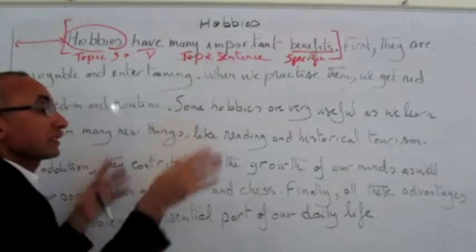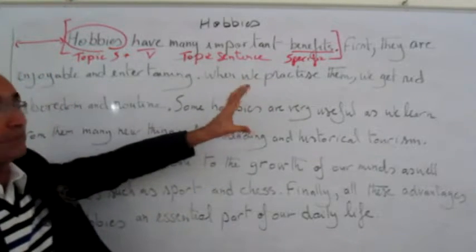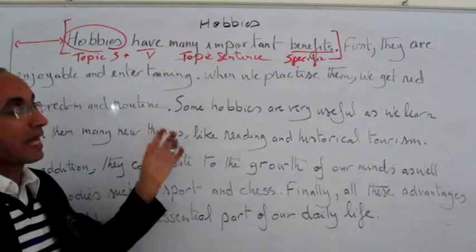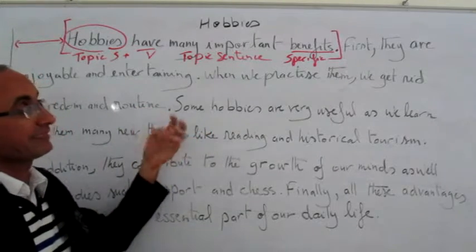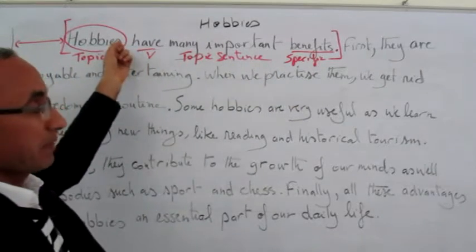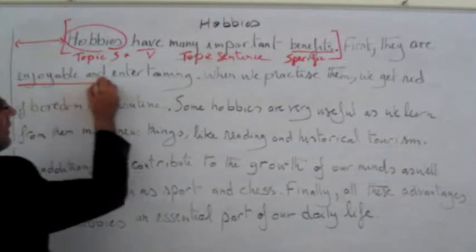But usually here we should raise 3 or 4 or even 2 major ideas to develop. In this paragraph, I have come up with 3 main ideas, or 3 main details about these benefits of hobbies. First, they are enjoyable and entertaining.